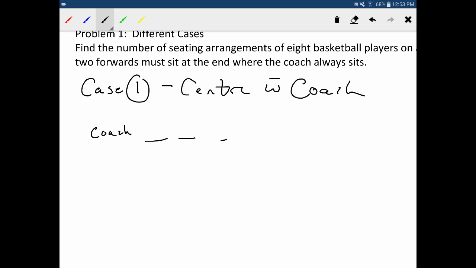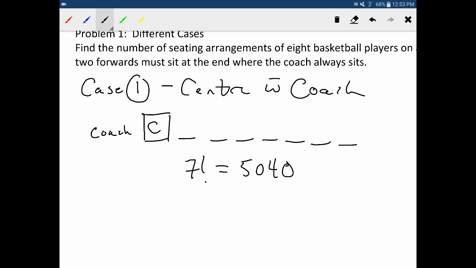So 1, 2, 3, 4, 5, 6, 7, 8. The center is sitting right here with the coach. Then we've just got these other 7 seats, which we're going to fill with the rest of the players. So there's just 7 factorial, which is equal to 5,040.